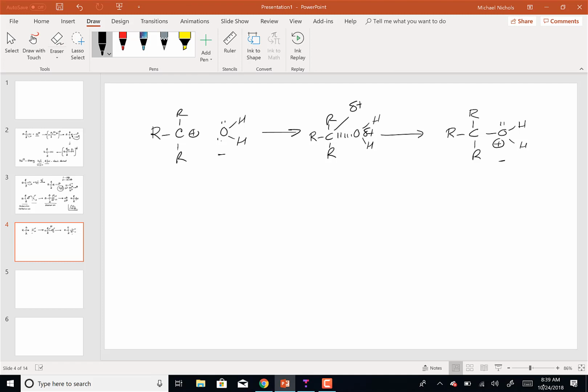So think about what's happening in this transition state then. What's happening is the plus charge is being transferred from the carbon to the oxygen. Because what did the oxygen do? It gave its electrons to form the carbon-oxygen bond.